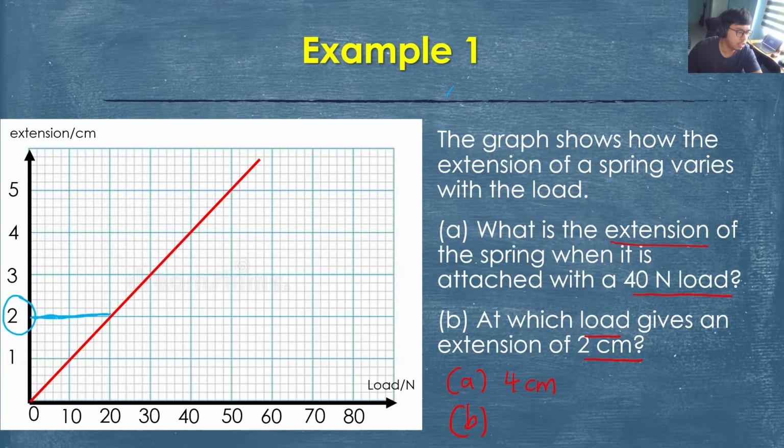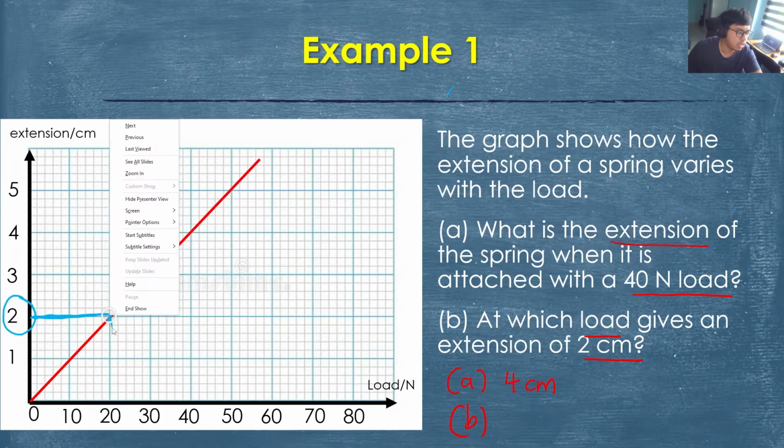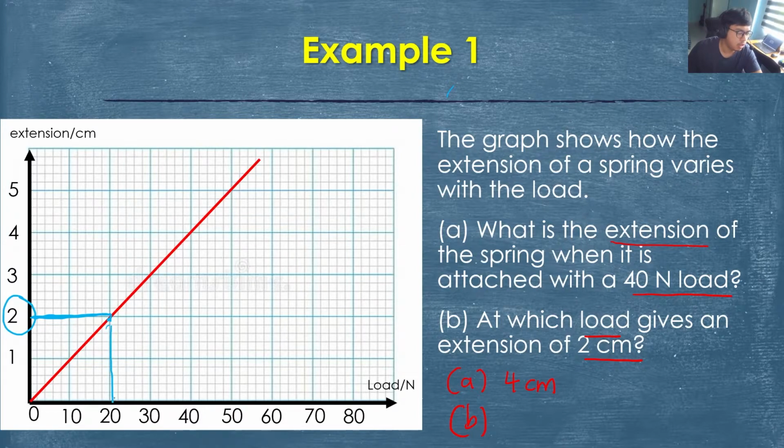What you do is go up until you reach the line, and then you go down, and wherever you land, that is the force. So for an extension of 2 cm, you will need a force of 20 Newton. That's the answer if you want to extend it by 2 cm.